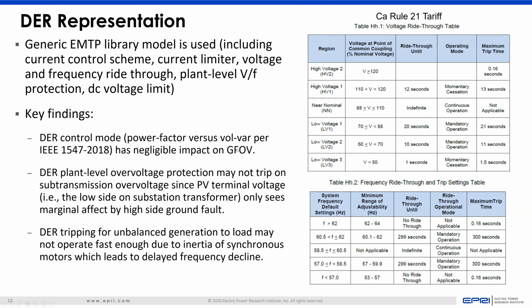And we also studied different DER control modes, power factor versus volt-var. And the finding was that these different control modes have a negligible impact on GFOV. And another key finding was that this onboard protection may not trip during a ground fault overvoltage, because the PV terminal voltage only sees a marginal effect from the high side ground fault.